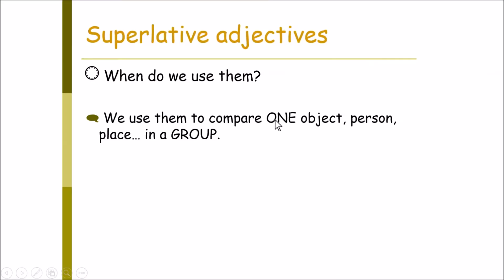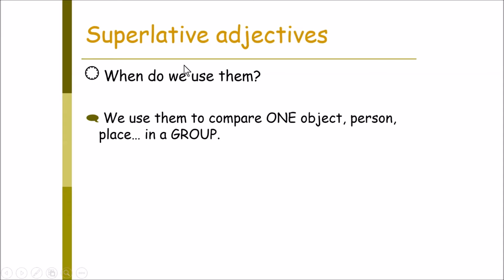Let's start with superlative adjectives. These rules of superlative adjectives are really similar to comparative adjectives. So if you understood what we just learned, you are not going to have any problem with this. Okay. So the use changes.